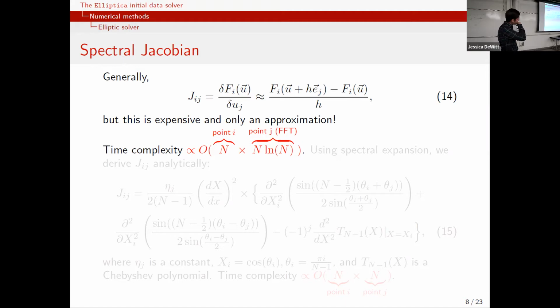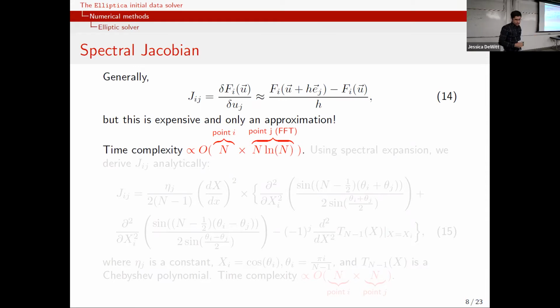First of all, the computation of this Jacobian matrix is expensive. Generally, the way that people compute this matrix J_ij is through some finite difference approximation. You vary the value of the field at all the grid points, and using equation 14, you approximate the value of the Jacobian matrix.